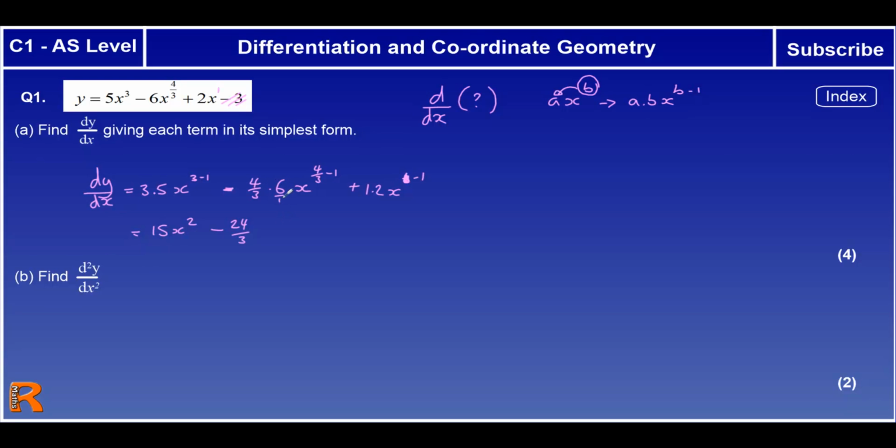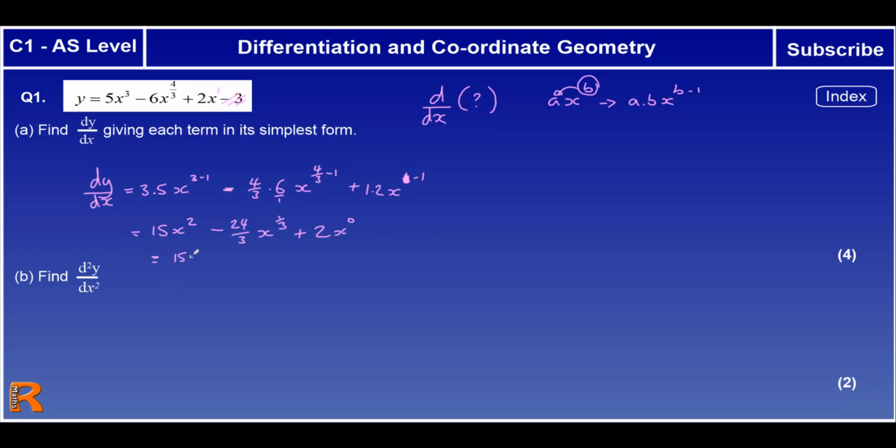If you're not sure how to do multiplication with fractions very well, then just put it over 1, tops times the bottoms. 4/3 minus 1, well 1 is 3/3, so 4/3 minus 3/3 is 1/3. 1 times 2 is 2, and x to the power of 0 is just equal to 1.